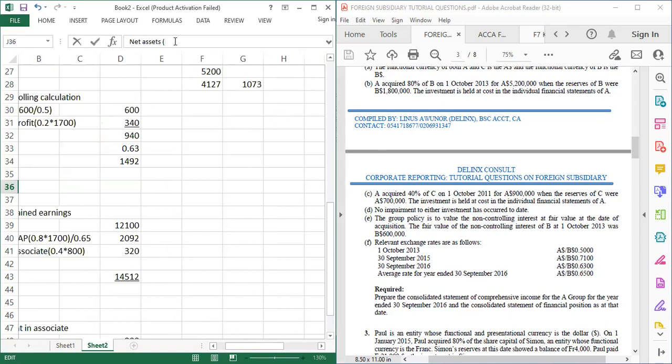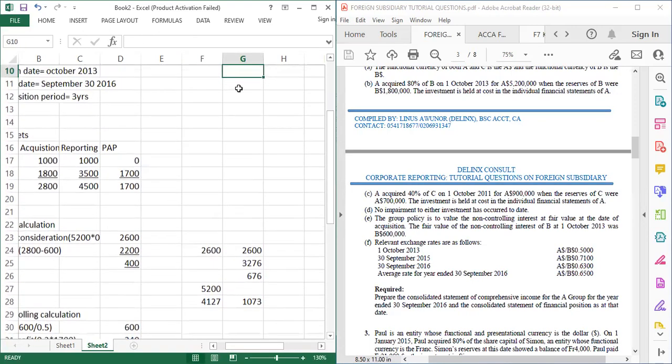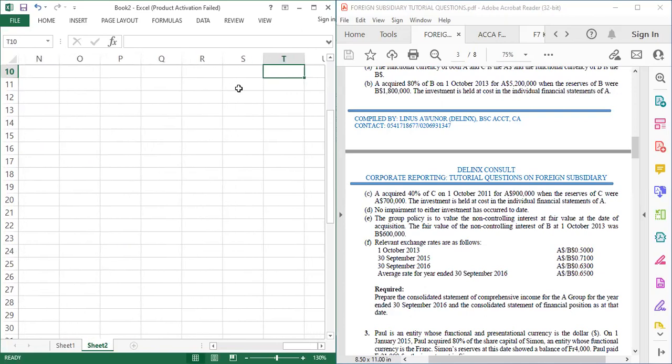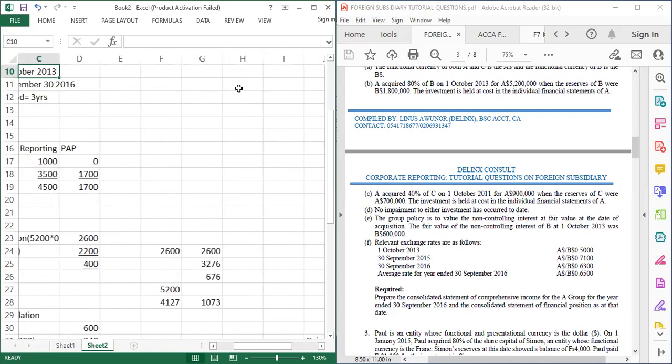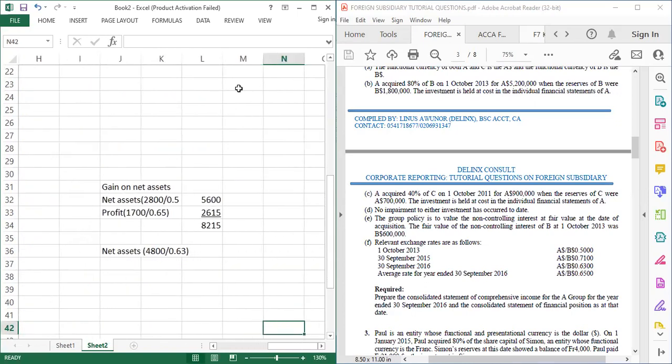This will be translated at what? Closing rate. The net asset is a statement of financial position item. So this will be translated at the closing rate, 0.63. That will give us how much? 7143.